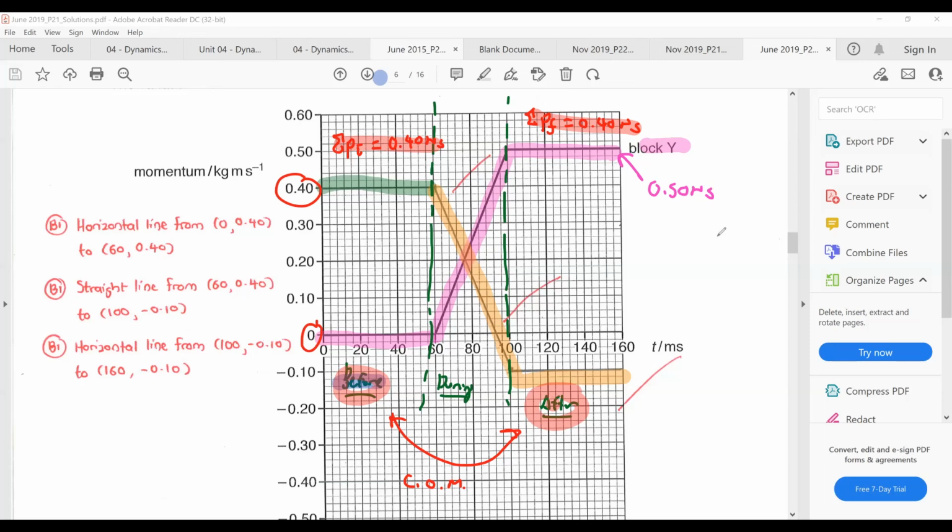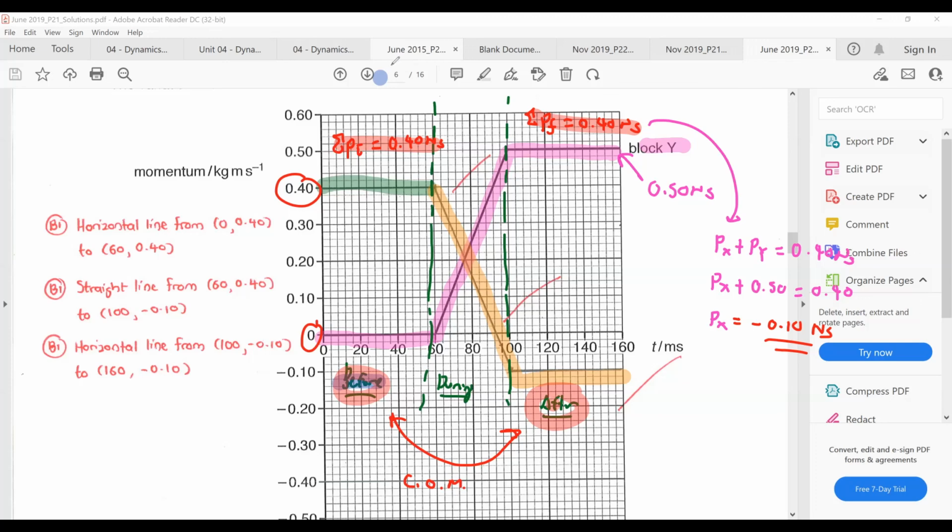So the momentum of X plus the momentum of Y must equal 0.4 newton second. But the momentum of Y itself is already 0.5. So Px plus 0.50 equals 0.40, and Px will be negative 0.10 newton second.